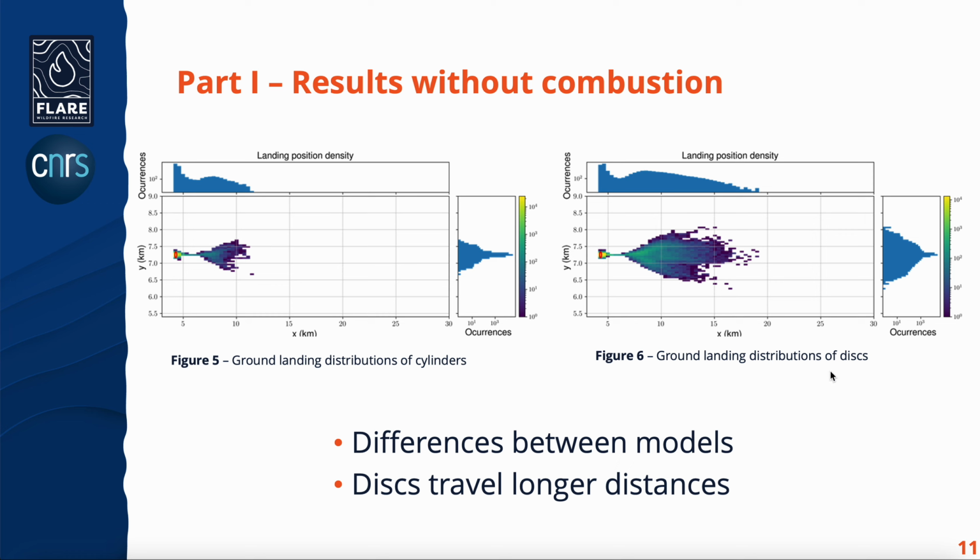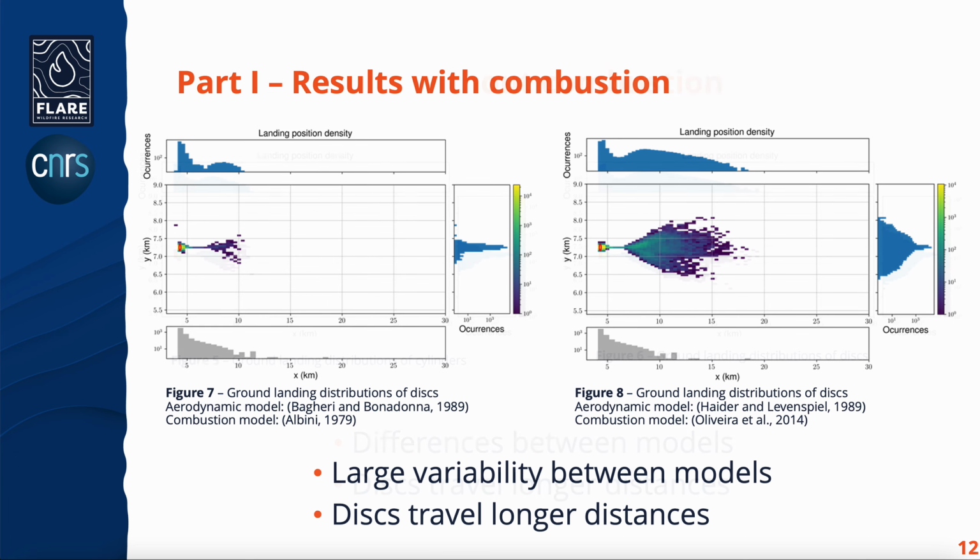So this is something that was more or less known before, actually, and we have verified as well with this coupled fire atmosphere model. And we observe some differences between the different models and the results that they produce. What is more interesting as well is that when we include the mass loss of the firebrands, for the cylinders, we observe that all cylinders are going to travel very short distances, so up to 500 meters, and we only observe a long-range behavior with disks, so with disk-shaped firebrands.